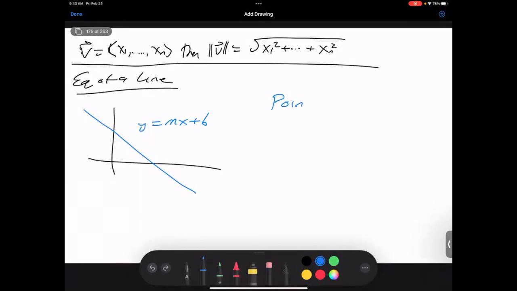So this is slope intercept. So m is the slope and b is the y-intercept.